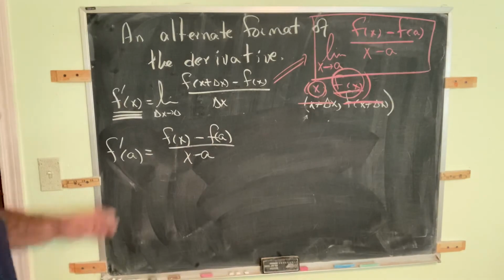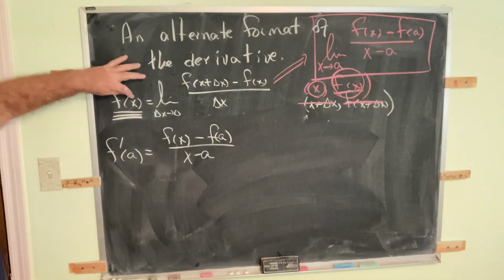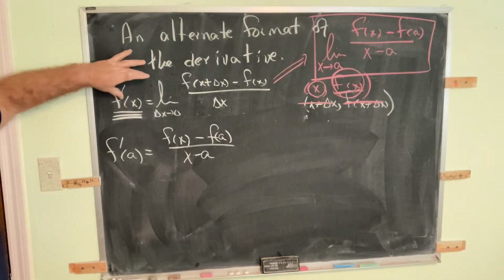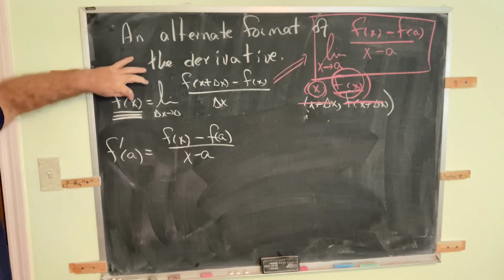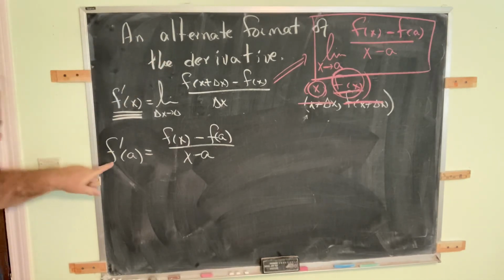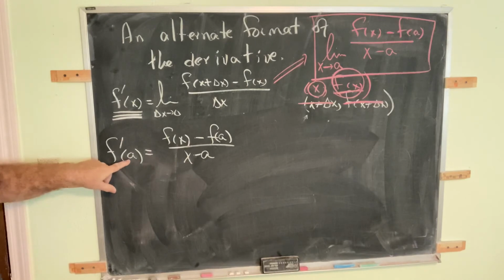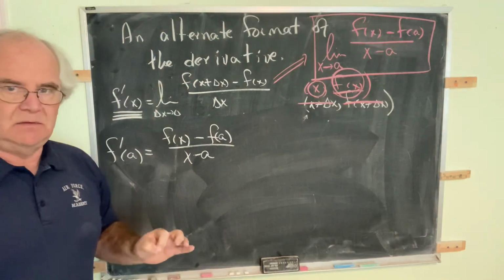But the difference is this. This is f prime of x. This is a function. Your result will be a function of x. Here, this is f prime evaluated at a domain value. Your answer here will be a specific number.